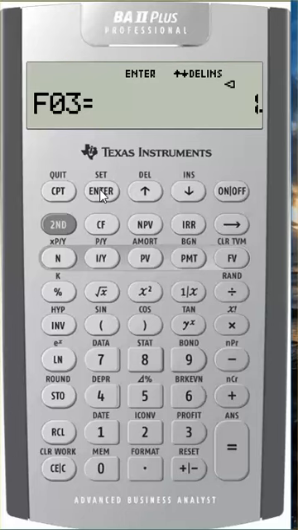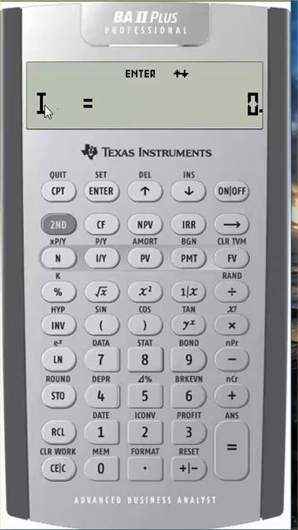Okay, so we've entered our data: the cost of the project and the cash inflows for the first year, second year, and third year. Now we want to determine the net present value. So NPV, and it's asking us for I, the interest, which is our weighted average cost of capital.